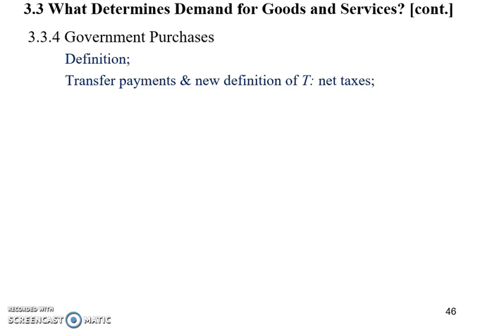Now here, the only thing we need to be careful about is the transfer payments, or the new definition of T, taxes. It's net taxes. In other words, it's taxes minus the transfer payments. Now what are the transfer payments? It's all kinds of benefits or aid programs the government provides, such as unemployment benefit.